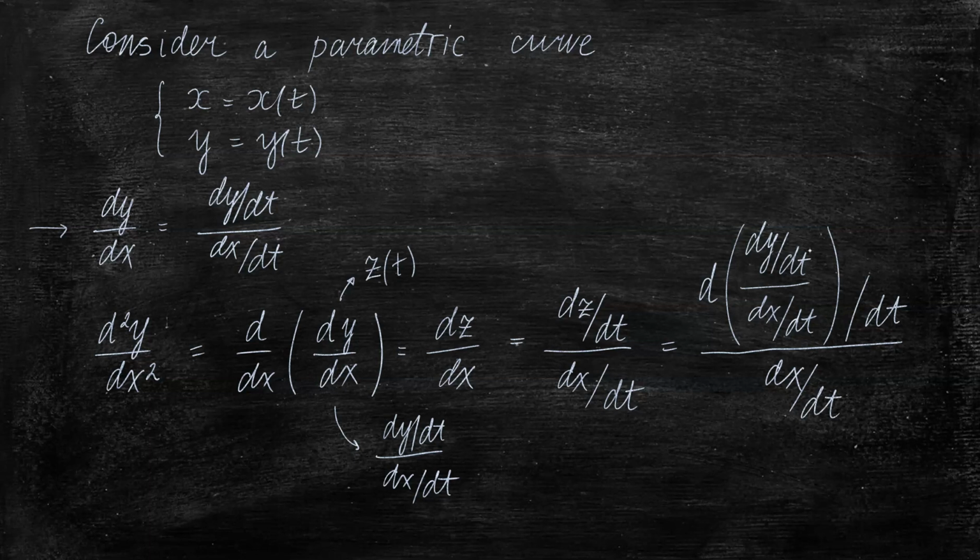So as a formula, it's pretty heavy, and you don't need to memorize it. What you need to understand here is the process of finding the second derivative more than anything. So let's practice the process, not the formula, and let's find the second derivative for the following set of parametric equations.